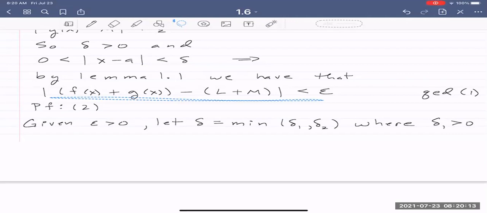And that's what we wanted to prove. So we're done. All you have to do is set it up so it's in the form where you can use the first part of this lemma.